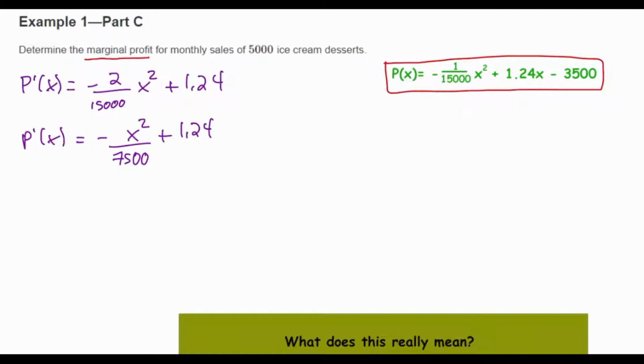And we know we're evaluating when X is equal to 5,000 units sold. So the change in profit or marginal profit at 5,000 units sold is equal to -5,000 squared over 7,500 plus 1.24. And I do have the answer key in front of me, but I like to actually do the calculations and double check as I work.